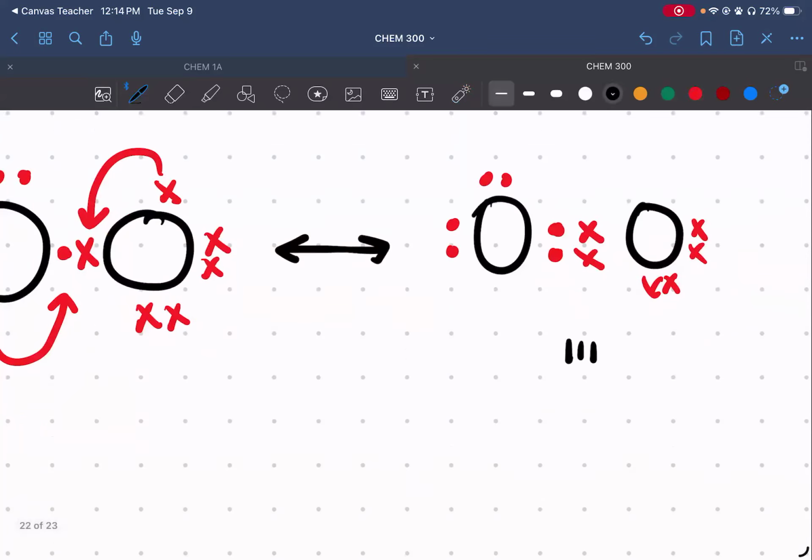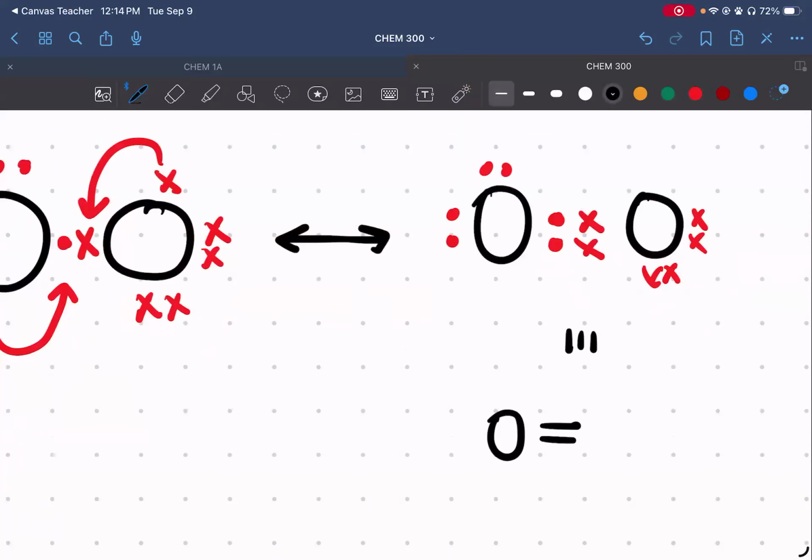This oxygen can be written as a double bond between the two atoms. Remember, if one bond is 2 electrons, then 4 electrons is a double. Triple bond is 6. And then we still have those electrons on the outside. Those are given some terms.